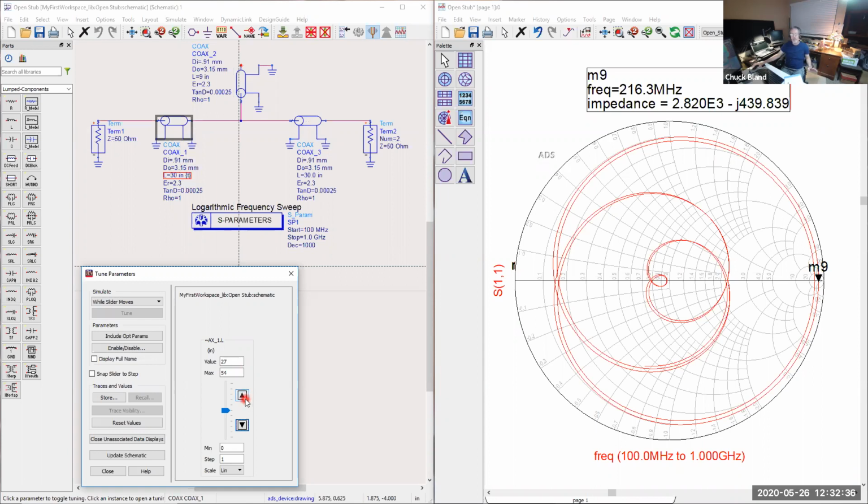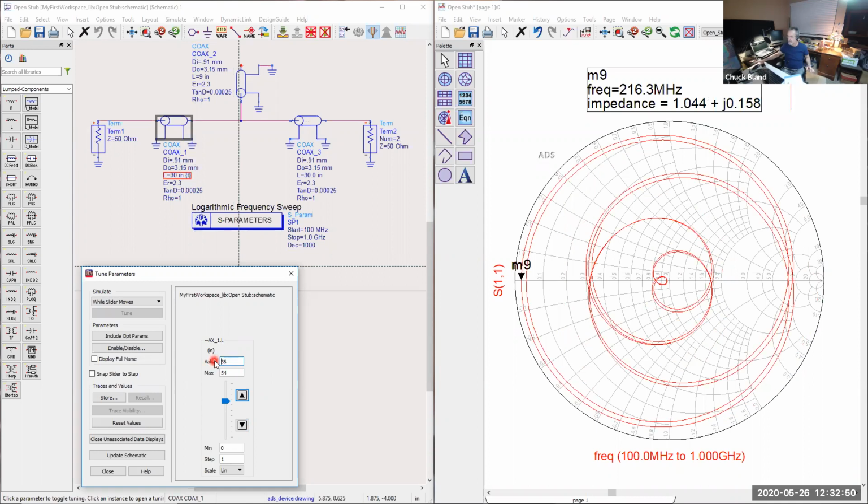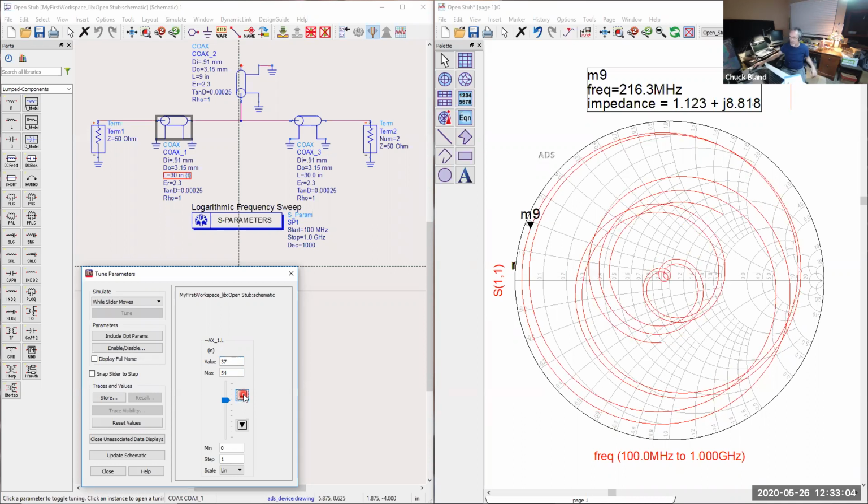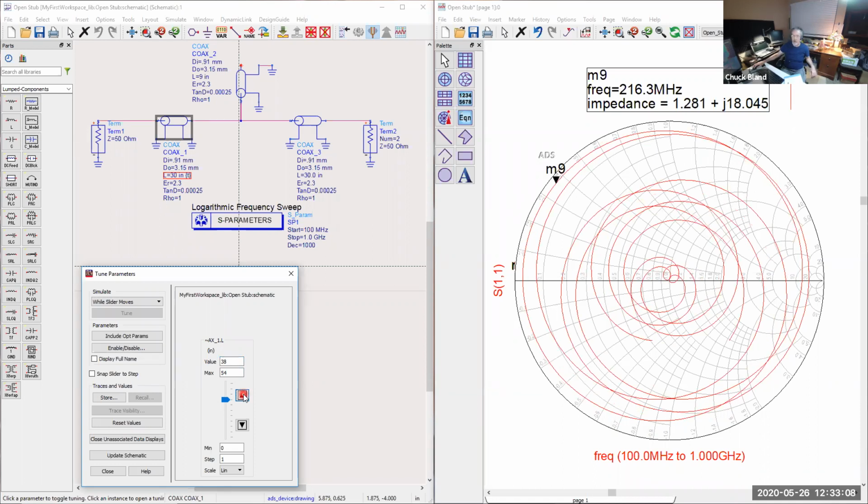So what are the rules of the road here? How do these things behave, and what can we expect? Well, let me reset this and get this back over to 36 to start the explanation. When we make C1 longer, and we're going from an even multiple of quarter waves to an odd multiple, and we make C1 longer, we are contributing inductance.